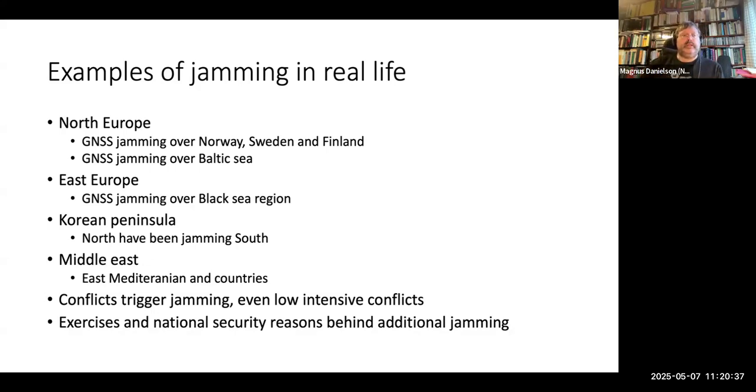And it's interesting to note that conflicts trigger jamming even when you have low intensity conflicts. And it's also interesting to see that jamming is now being used as a defensive mechanism, so that you jam your home turf, the key locations in your own backyard, in order to safeguard them from, for instance, drones, etc. And telecom companies and other similar users will be indirectly affected by this.